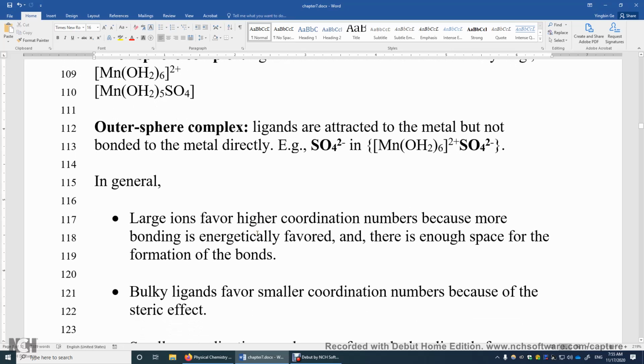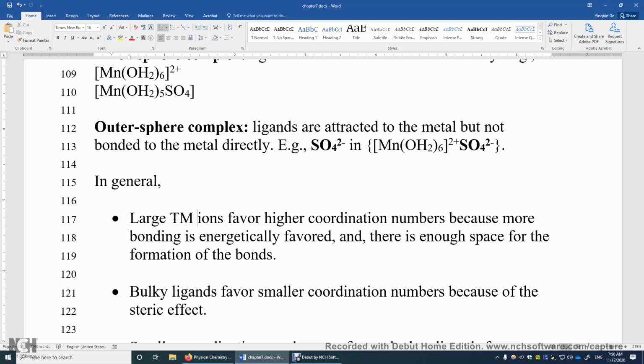In general, let's look at the number of ligands bonded to a transition metal. The number of ligands bonded to the transition metal center is called coordination number. When you have a large transition metal ion, they favor higher coordination numbers because a large transition metal ion can be bonded to multiple ligands to form more bonds, and the formation of bonds is favored energetically.